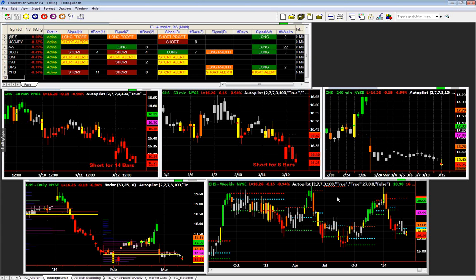And now your other stocks that you're looking at, the other time periods you're looking at, is also starting to show up as a short. Now, you want to always lean towards the longer time frame, right? So you want to lean towards the right side of the radar screen to look for when those are going to be signaling something, and confirm those then also with the signals on the shorter time frames.